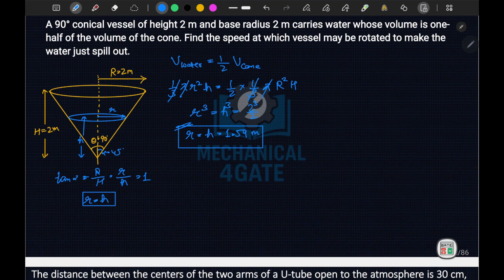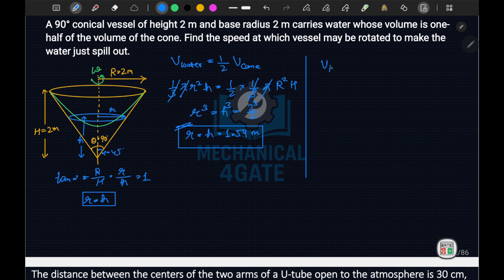Now the speed at which the vessel may be rotated to make the water just spill out. Let's say that it is rotated at speed omega. In that case, what will happen? At the verge of falling, it should be something like this. For water to just spill out, your volume initial will be equal to volume final.